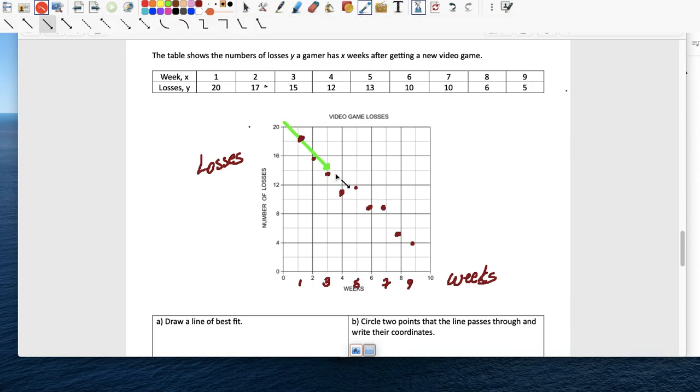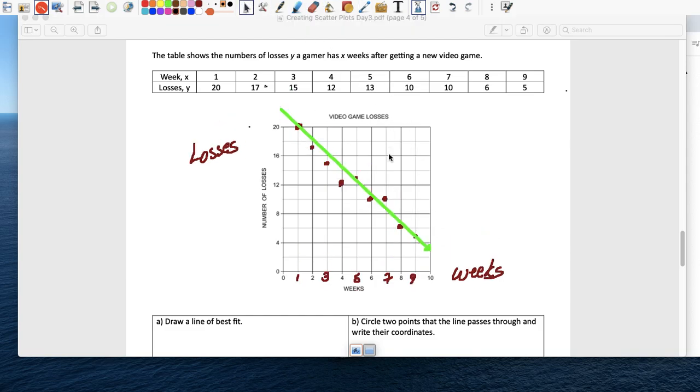Something like this. We don't know the y-intercept, but we'll figure it out. Let's pick 2 points that are on the line. Right here, there's 1 point, so that's 6 and 10.